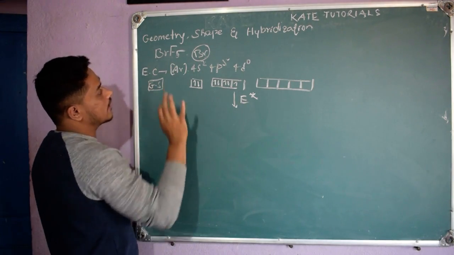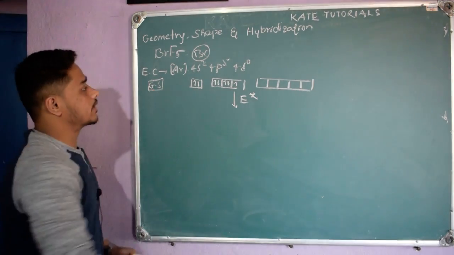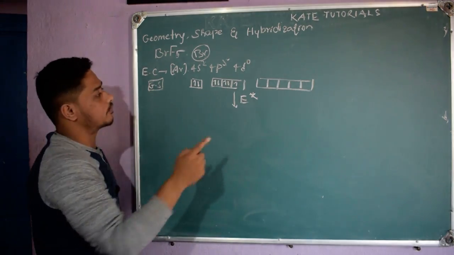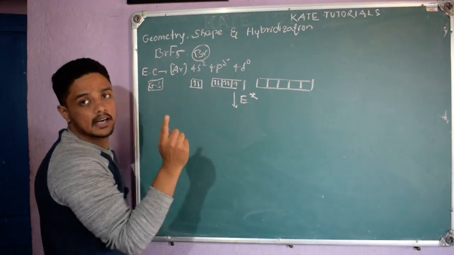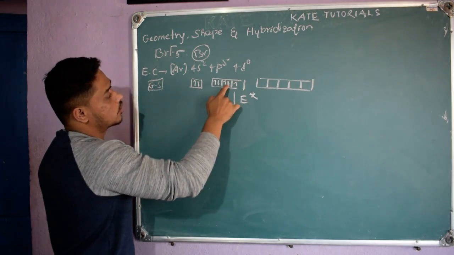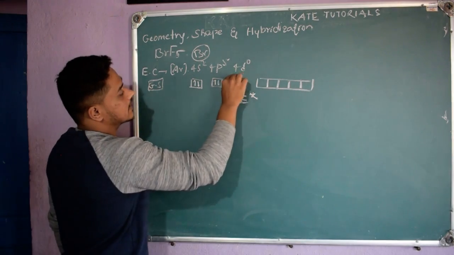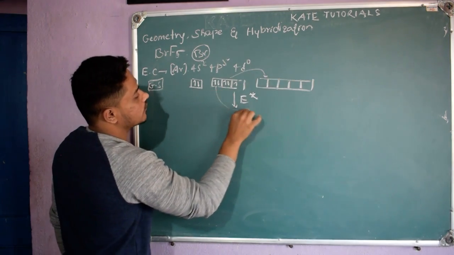Excitation. Since 5 fluorine are coming, it should make 5 bonds, right? But it can form only one bond because it has got only one unpaired electron. Since 5 fluorine are coming, the paired electrons will jump to the d orbital. One will jump here and from this one will jump here.